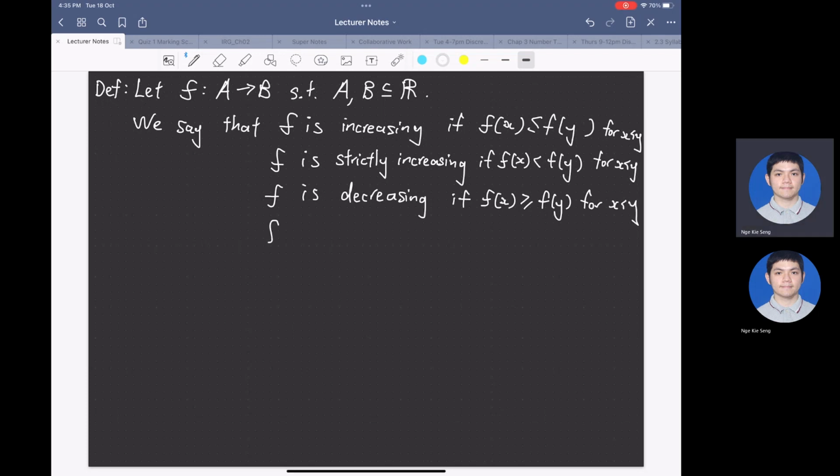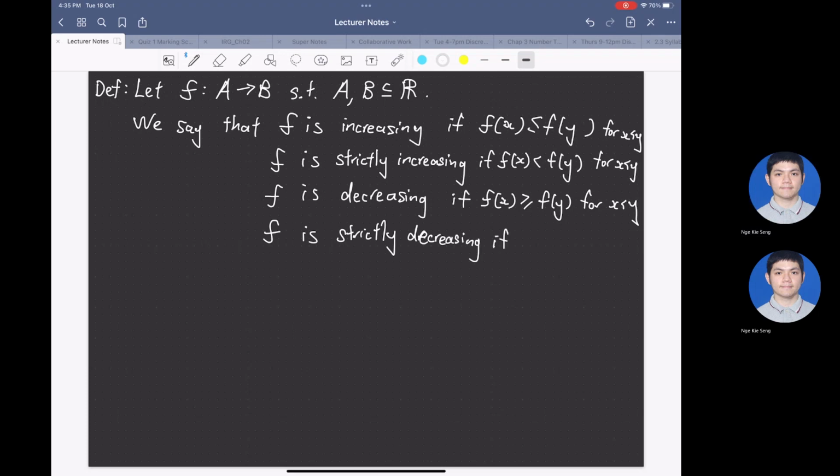Okay, and then f is strictly decreasing if f(x) is greater than f(y) for x less than y.